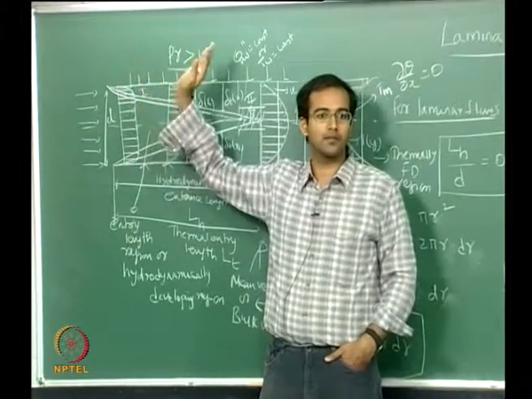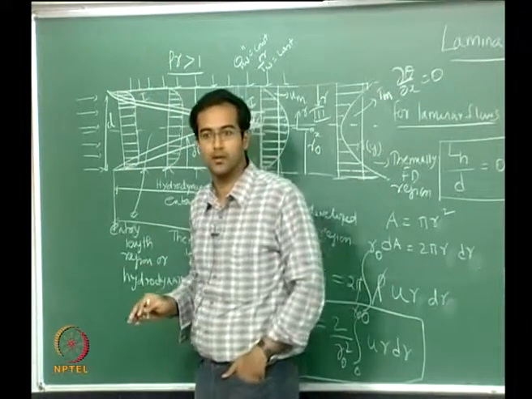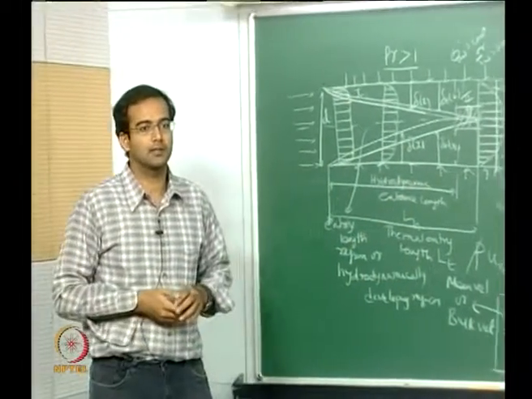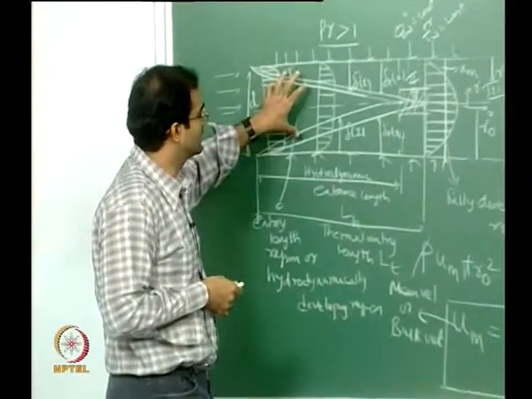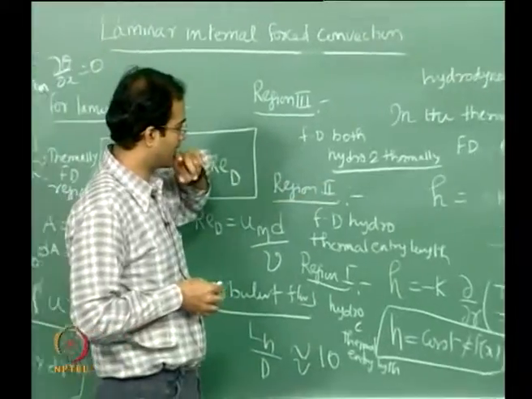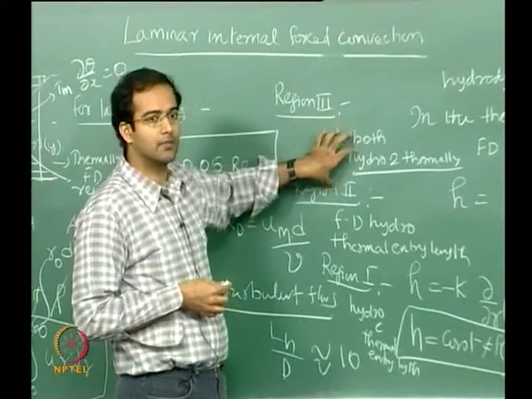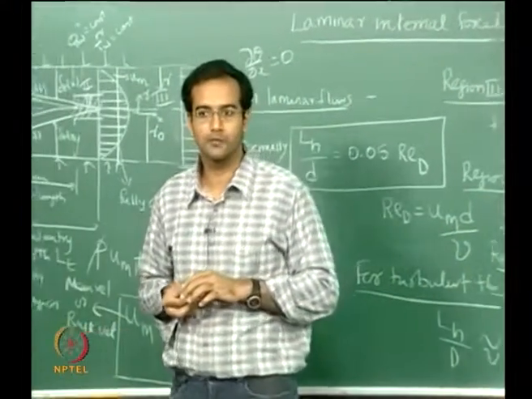The gradient of velocity is not 0, the gradient of non-dimensional temperature is not 0, so all the terms in the Navier-Stokes equation have to be present. You cannot neglect any of the terms, and therefore you have to do a complete numerical solution for region 1. So in this particular course we will be focusing on region 3 and then a lot of problems related to region 2.